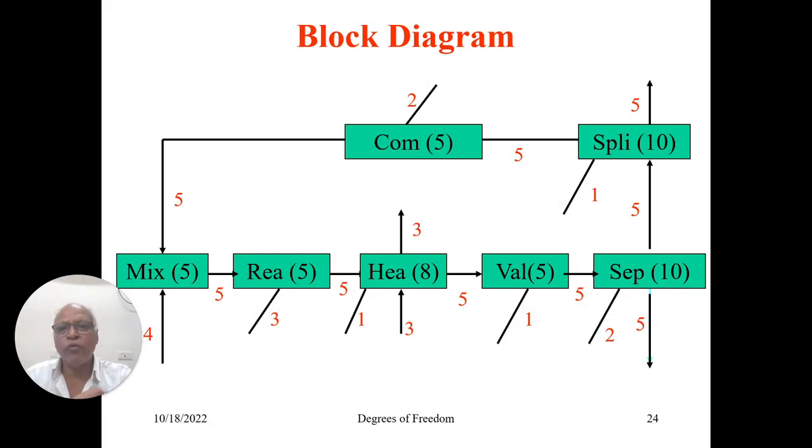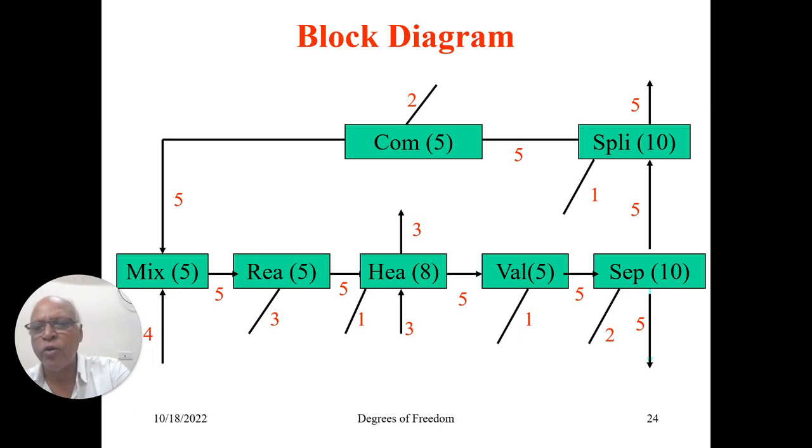So if you are careful, please add up. I am going in this direction. 4 plus 5, 9 plus 3, 12 plus 1, 13 including equipment parameters, plus 3, 16, plus 1. So add up all these variables. So let me go ahead.